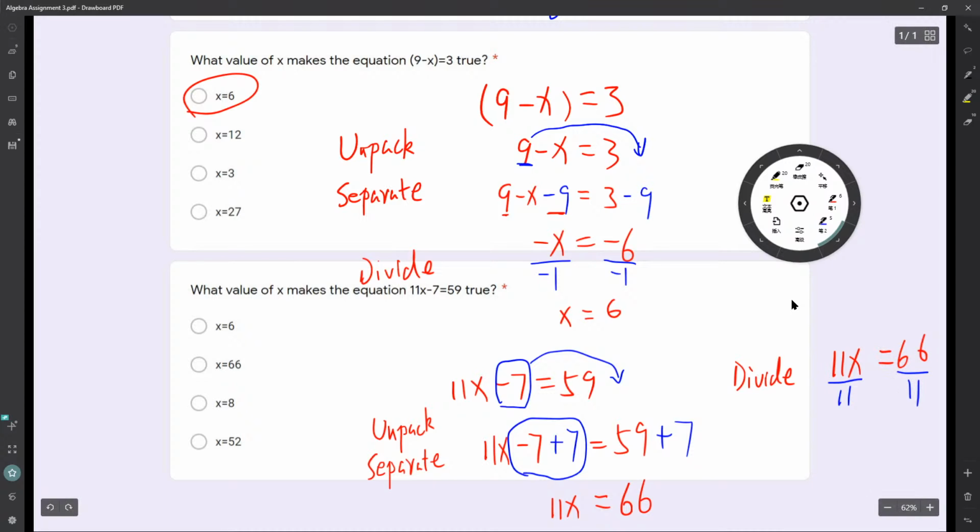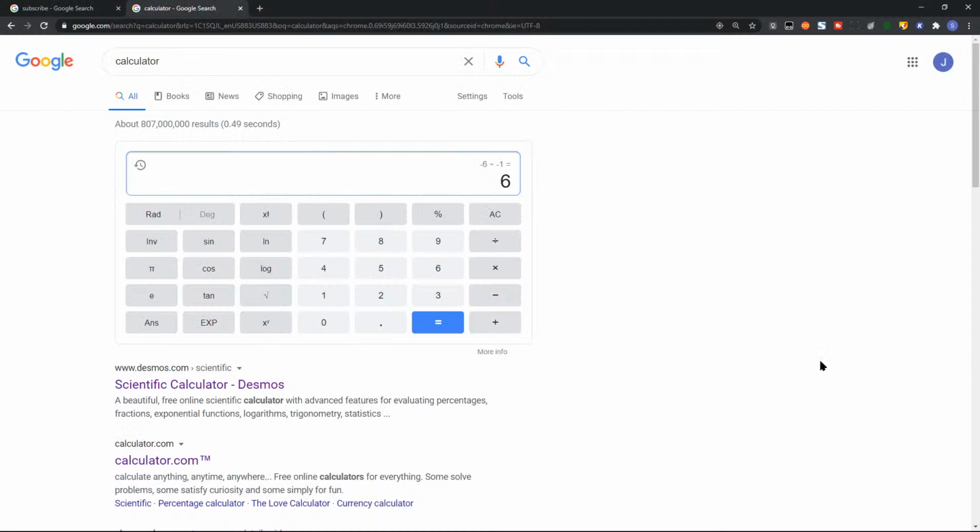So we divide by 11 to negate x multiplied by 11. And since we are dividing by the same number, this is still equal. And 11 divided by 11 is cancelled out. We have just 1x equals 66 divided by 11. 66 divided by 11, and that is 6.